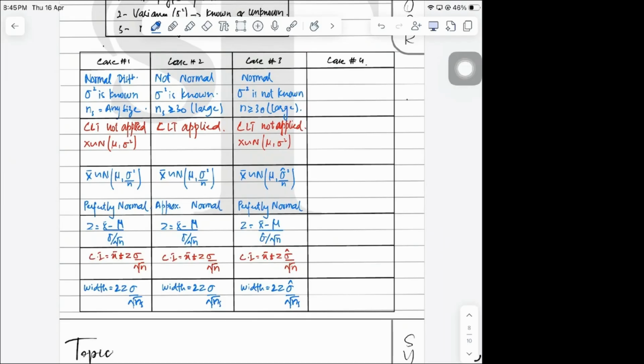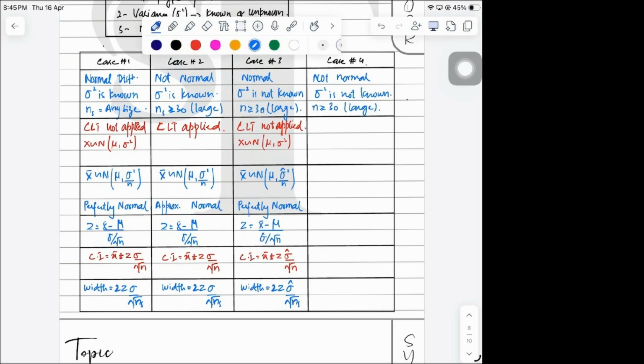And the last one is not normal, and sigma squared is not known, and n will be greater than or equal to 30, which is exactly large.